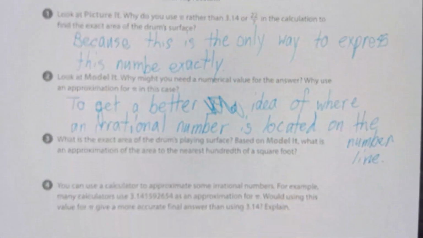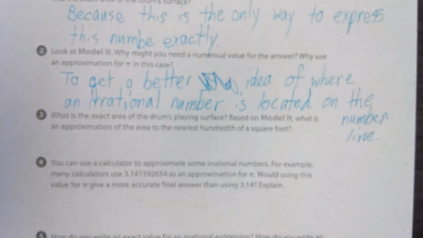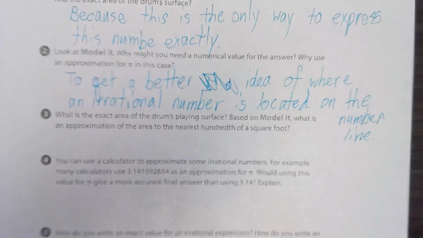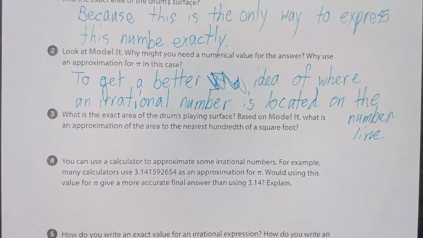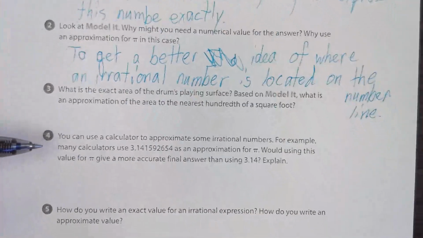Whenever we need that, it's really helpful to use an approximation, to multiply by 3.14, to look in the calculator and take the square root of an irrational number, right? Because that helps us place it. That helps get us an idea of what we're talking about.